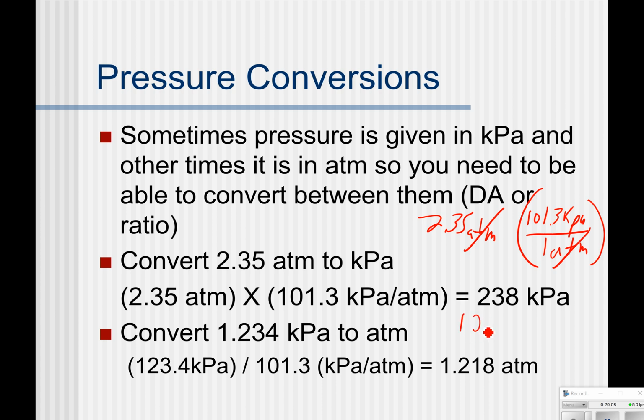So if we want to convert 123.4 kPa, we have 1 atmosphere for every 101.3 kPa. This allows kPa to cancel. We'll be left with atmospheres, and we get 1.218 atmospheres.